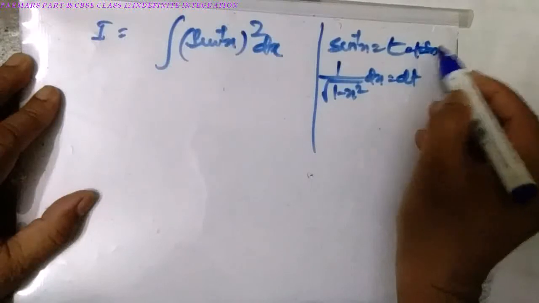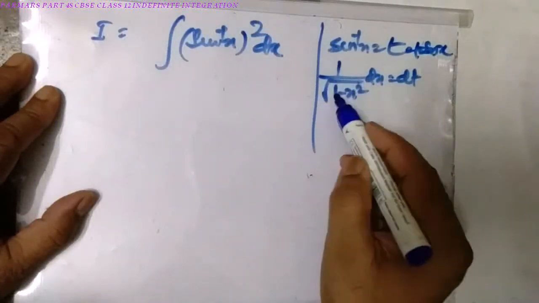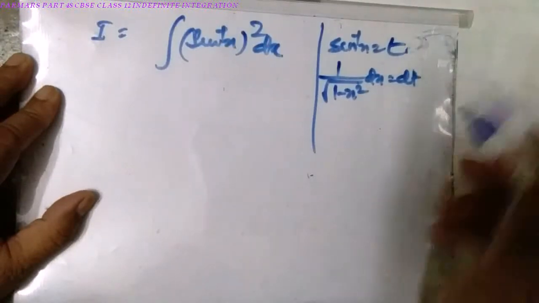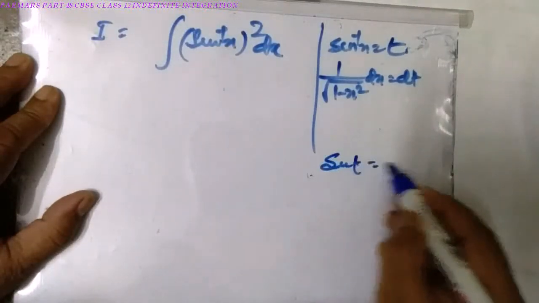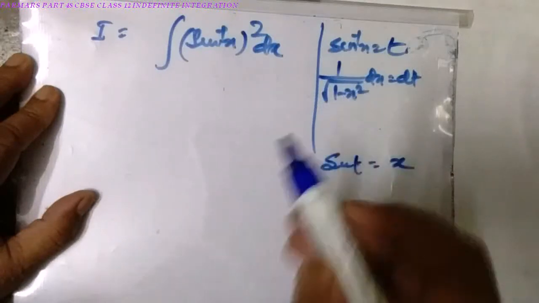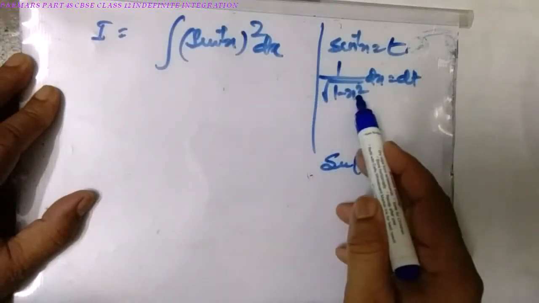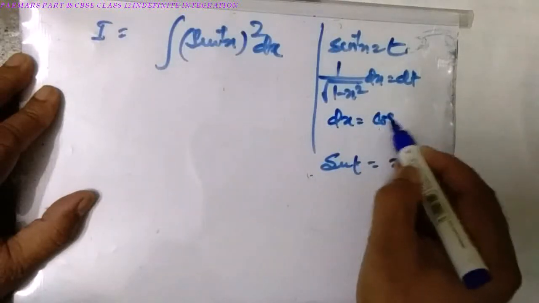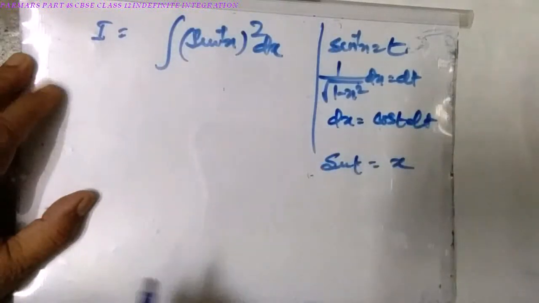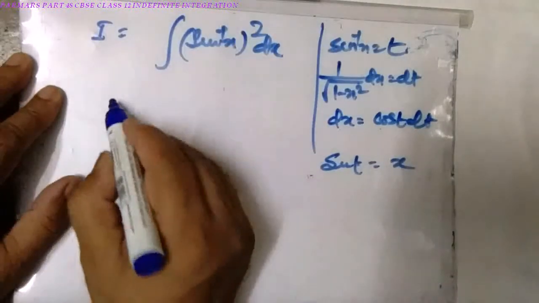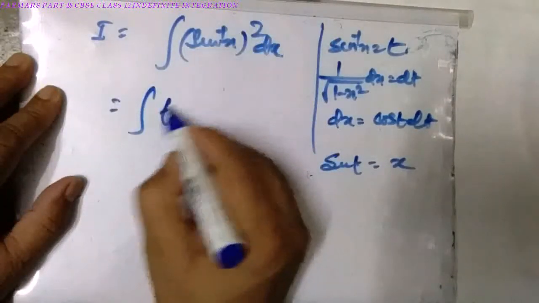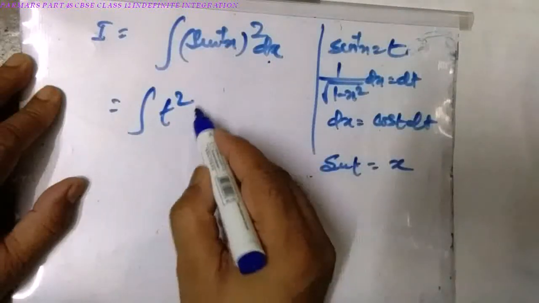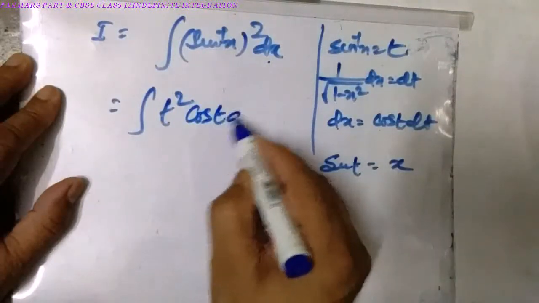T is sin x, so sin t is x, and root under 1 minus x square is root under 1 minus sin square t, that is cos t. So you can say dx is nothing but cos t dt. So what happened? This is t square, and in place of dx it is cos t dt.